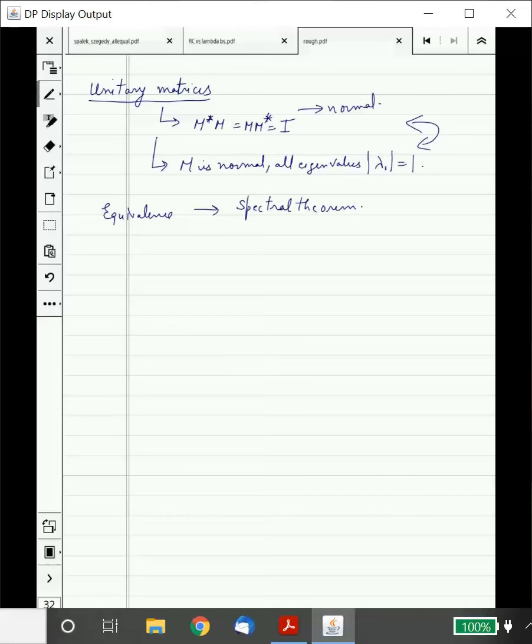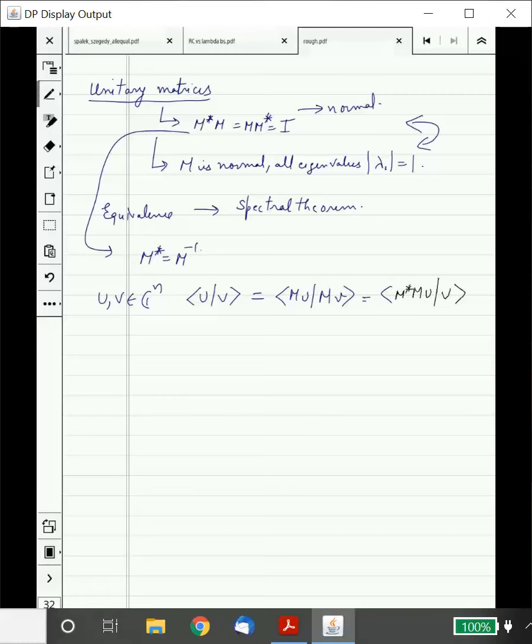Actually, for unitary matrices, there are many equivalent definitions. This implies that M star is M inverse. But this also shows that if I take two vectors u, v and look at their inner product, this is going to be equal to the inner product of Mu and Mv. The reason is that this is equal to u, M star M v, and notice that M star M is going to turn into identity.